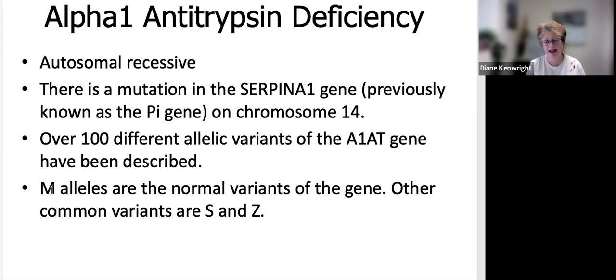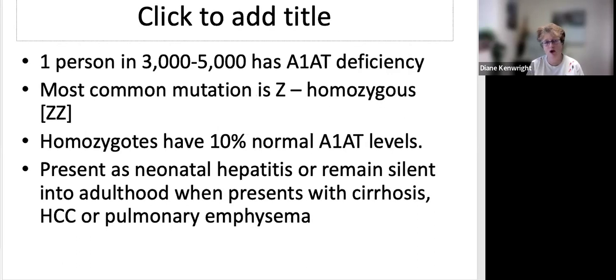These are classified into M alleles, which are kind of normal variants, and then other common variants, which are abnormal. So about 1 in 3,000 people has abnormal alpha-1 antitrypsin function, alpha-1 antitrypsin deficiency, due to having 2 Z alleles, which means that alpha-1 antitrypsin doesn't work. So it's autosomal recessive, which means they have to be homozygous.